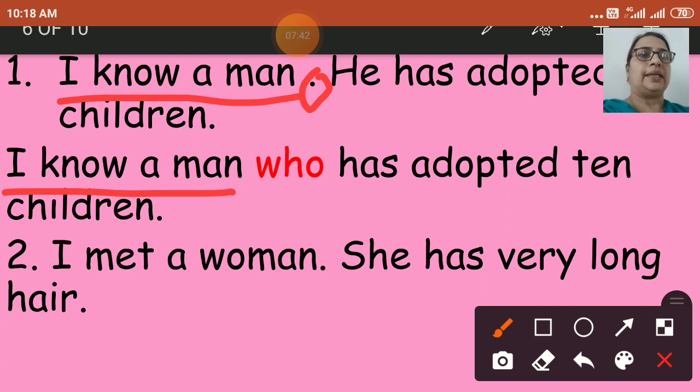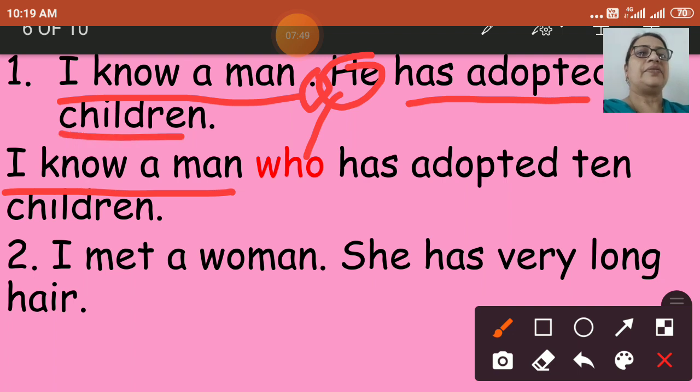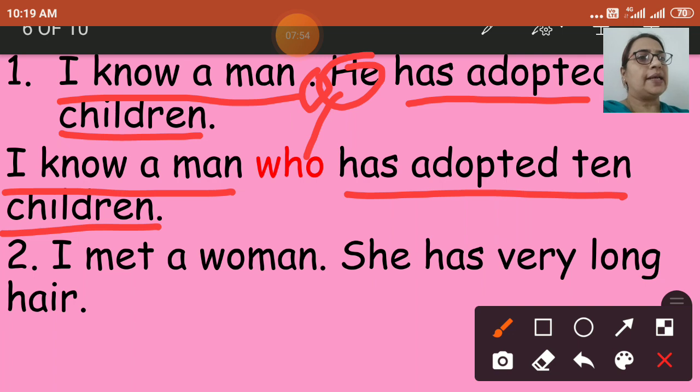And then instead of this he, we used who. And then as it is, that sentence we have copied down, has adopted 10 children. So what answer we got? I know a man who has adopted 10 children. Easy? Let's move ahead and see the second sentence.